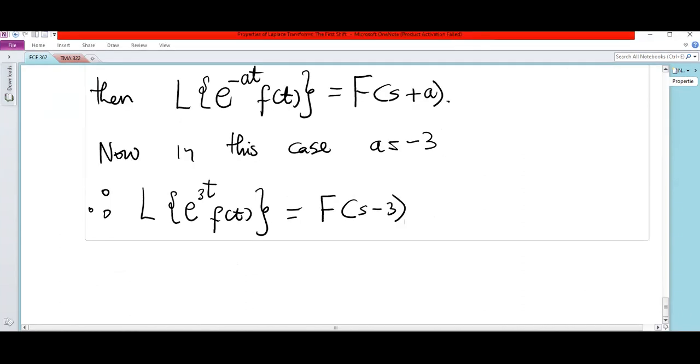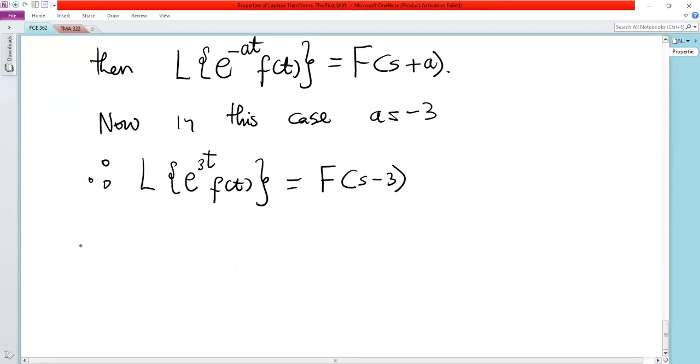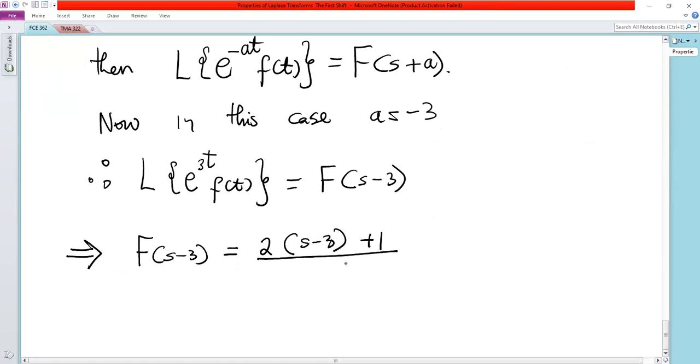So since we have been given F of s, this implies that F of s minus 3 will be given by twice s minus 3 plus 1 over s minus 3. So the role of s in the general F of s is taken by s minus 3 into s minus 3 and then plus 1.